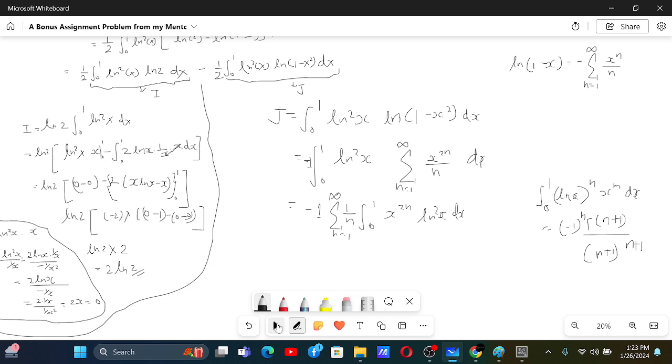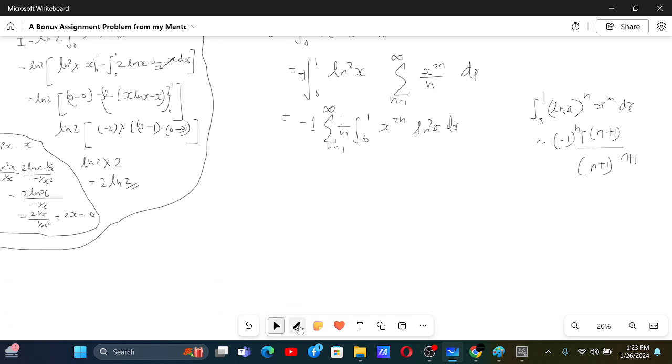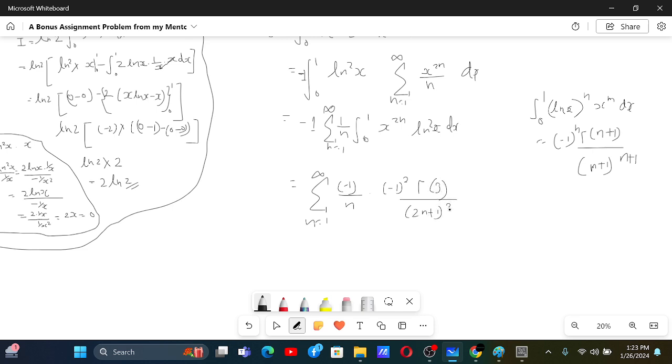Now we can use that, and that will give us the sum from n equals 1 to infinity. Here we have minus 1 to the power 2, gamma of 3, over 2n plus 1 to the power 3.